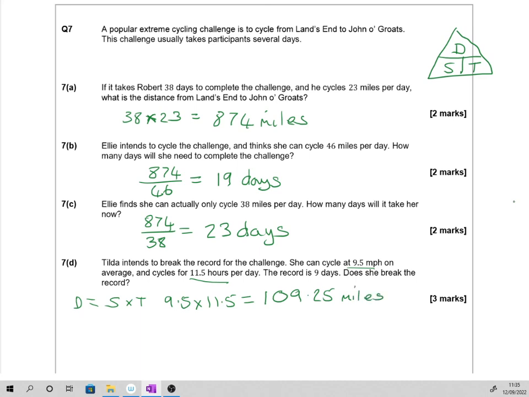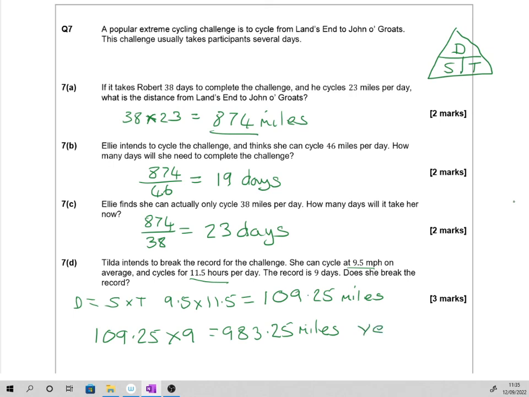Now, the record is 9 days, okay? So if she does that for 9 days straight, she would have covered 983.25 miles, which is longer than the distance.